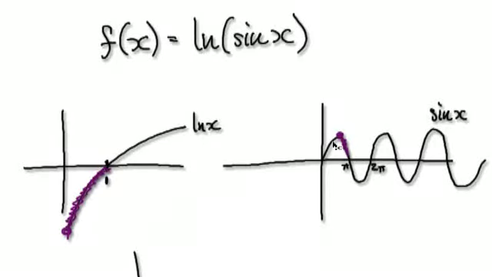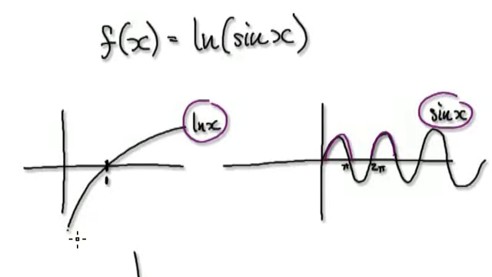So as sine of x oscillates like this, what it's doing to the natural log graph is this: up here and then back down here, and then you have to wait a while.